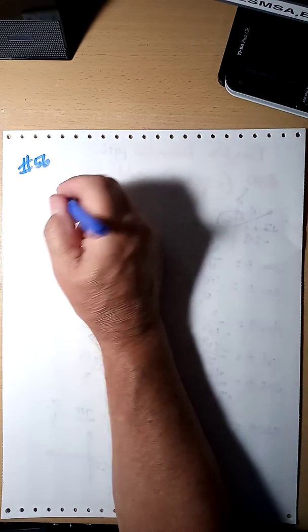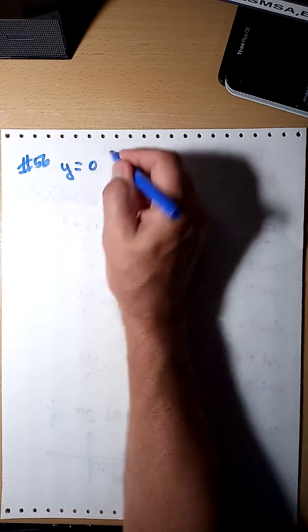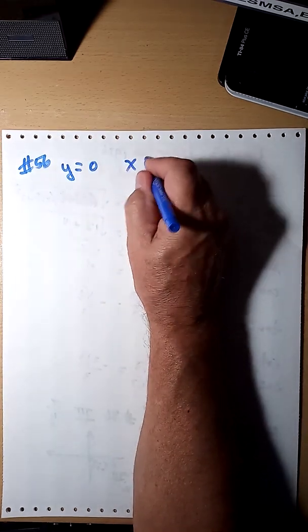Number 56. They say an equation. The terminal side of an angle, standard position, is given. Sketch the positive such angle. Find the values of the 6 trig functions. For 56, they say y equals 0, x less than or equal to 0.